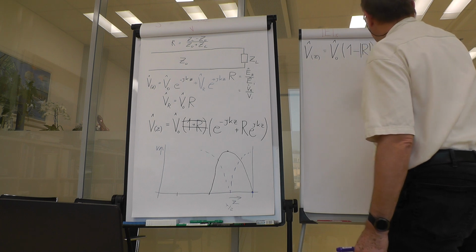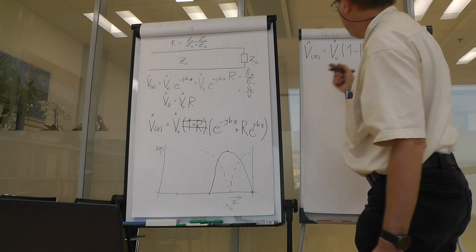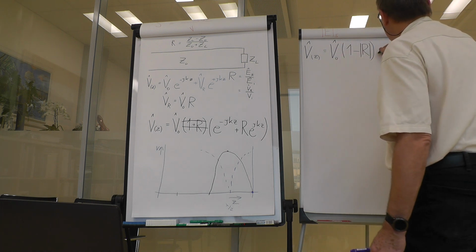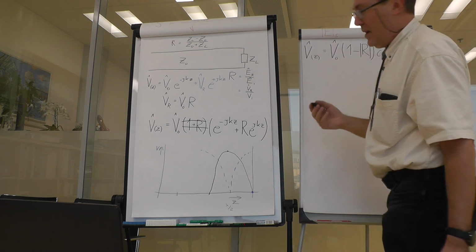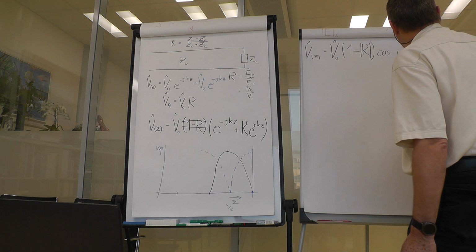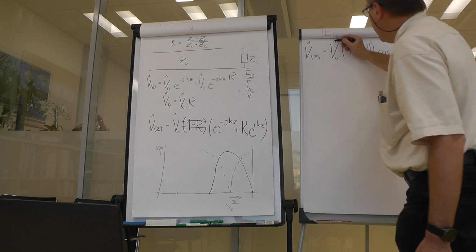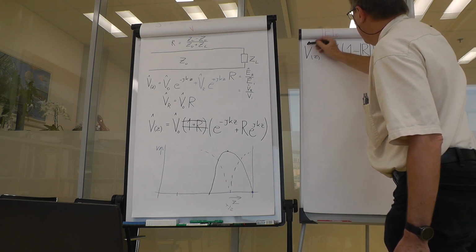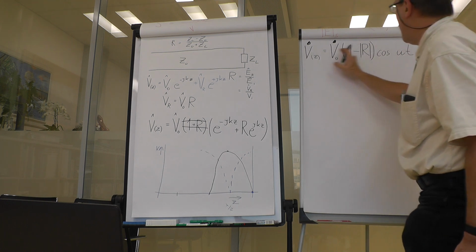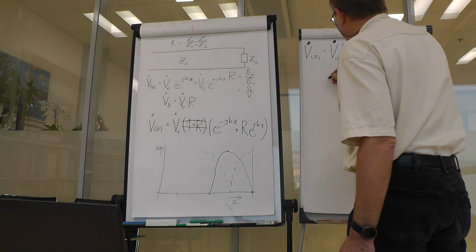It would be better to express that, I mean, the magnitude of R, not the phasor of R. And now we've got there a cosine of, sorry, this is the real part, not just the phasor. So we have now the first part of the equation, and now this is not the whole.